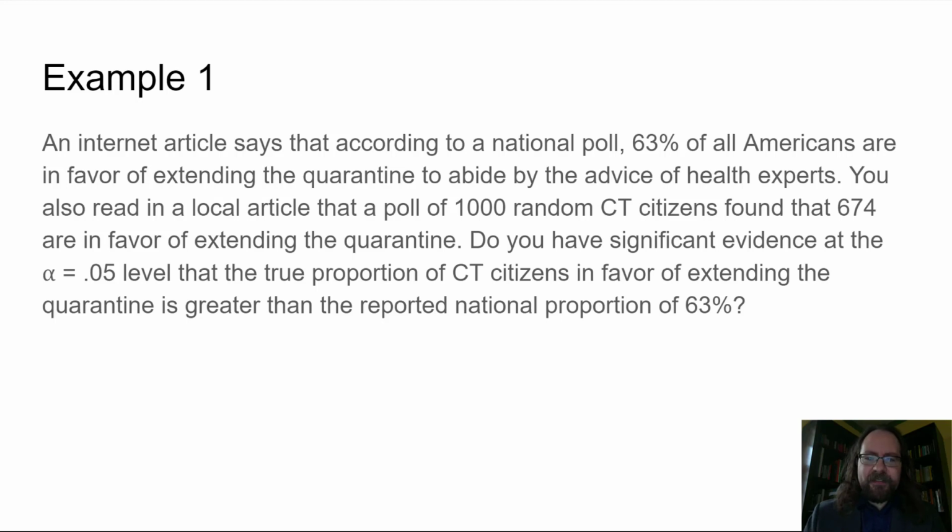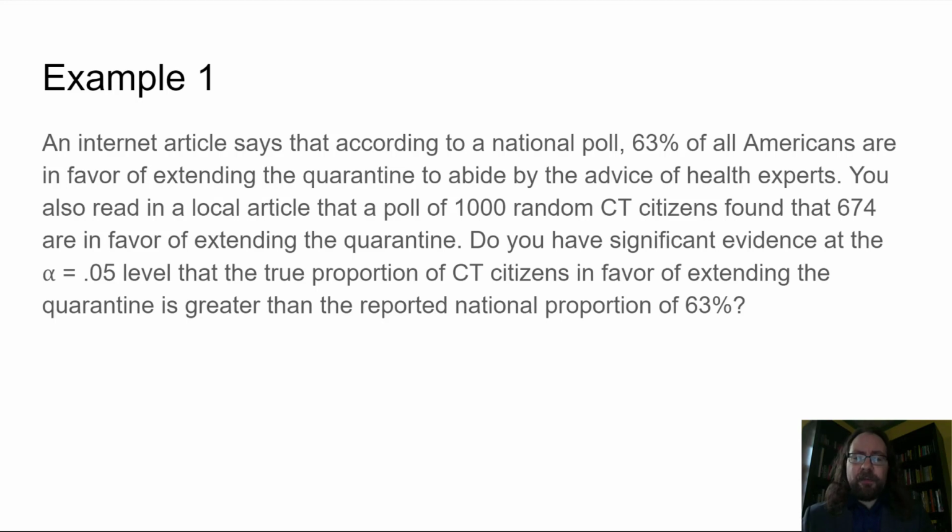So I apologize for the topicality of this example, but it's what I thought of. I promise the second one will not be so topical. So an internet article says that according to a national poll, 63% of all Americans are in favor of extending the quarantine to abide by the advice of health experts. You also read in a local article that a poll of 1,000 random Connecticut citizens found that 674 are in favor of extending the quarantine.